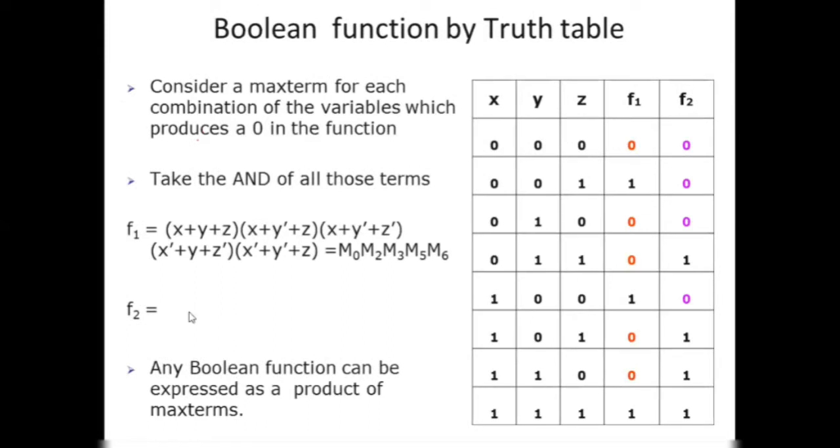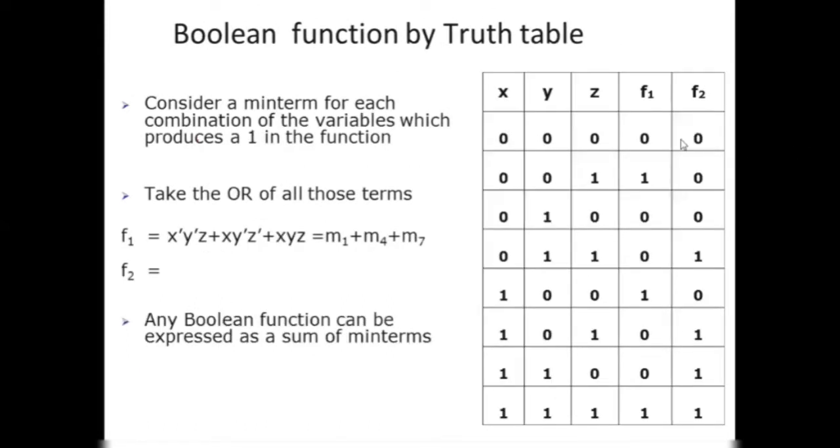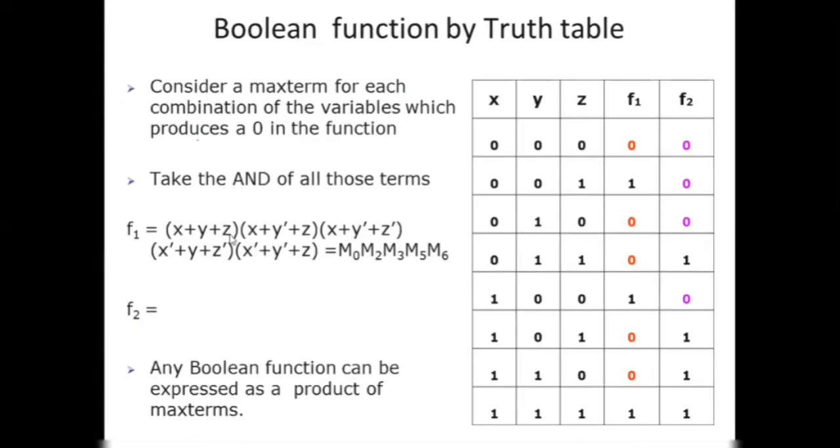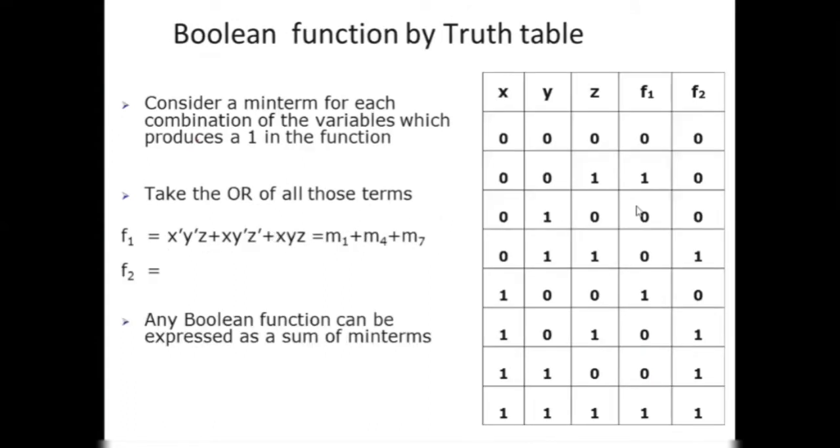And F2 also you can write. When you have x, y, z here it is 0, and x dash y dash z here is not actually marked here, so it would produce 1. So x dash y dash z corresponds to this row.